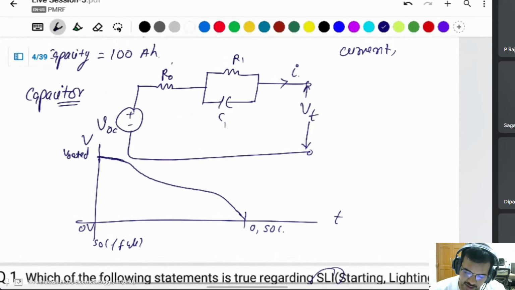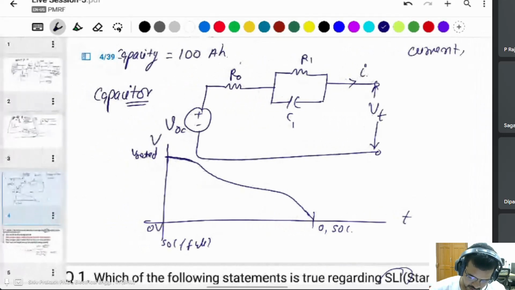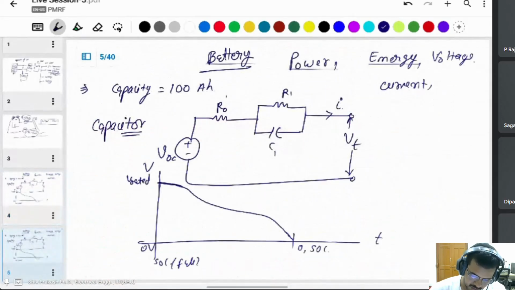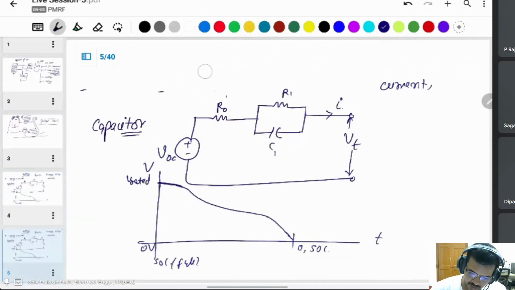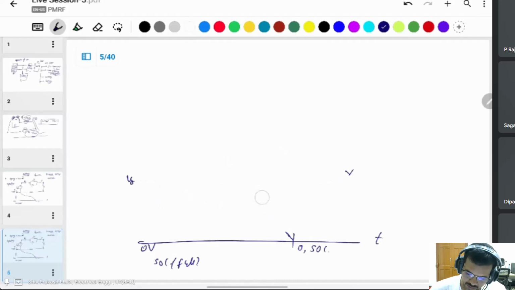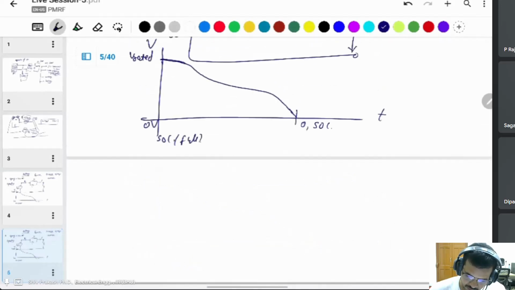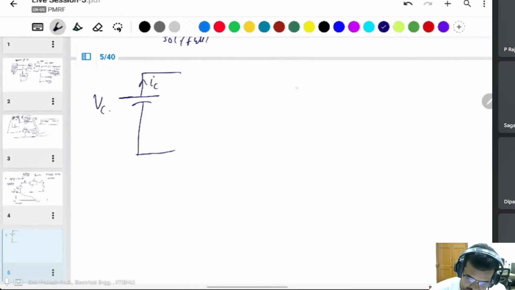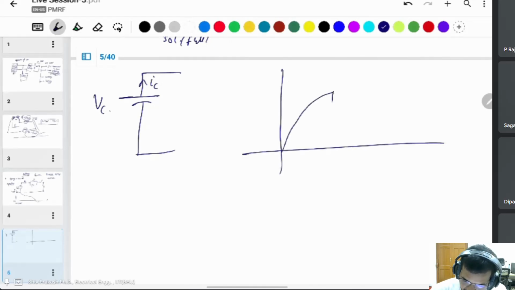But in case of a capacitor, the capacitor will charge like that and discharge like that.